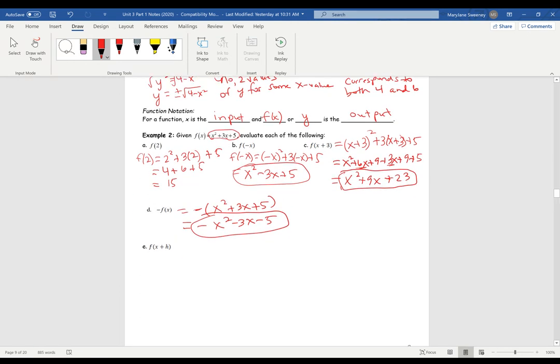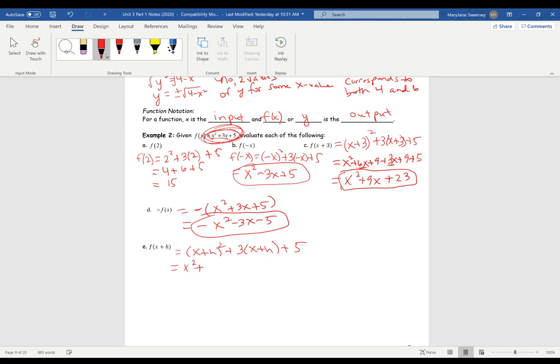F of x plus h, that's putting x plus h wherever you see an x. So it would be x plus h squared plus 3 times x plus h plus 5. Oops, x plus h squared, not cubed. So I'm, again, plugging into this up here. Wherever I see an x, I'm putting an x plus h.